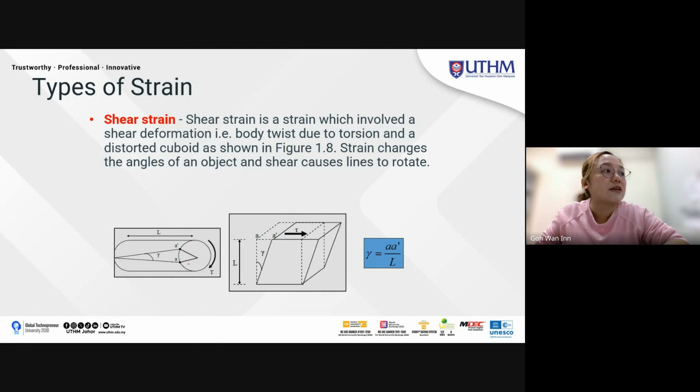Shear strain changes the angles of an object and the shear causes the line to rotate. So you will cause the distortions, you move and so on. This is the shear strain. So you can see that this is AA over L, the original length, and this is AA prime. So this is strain.